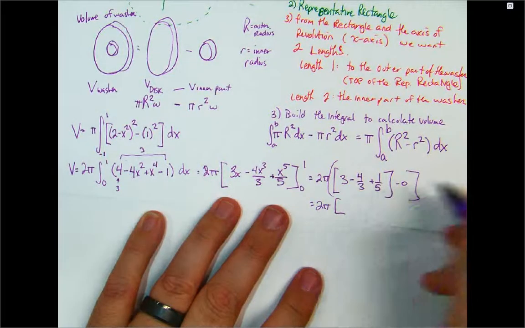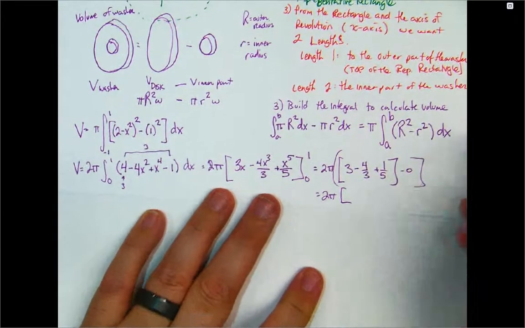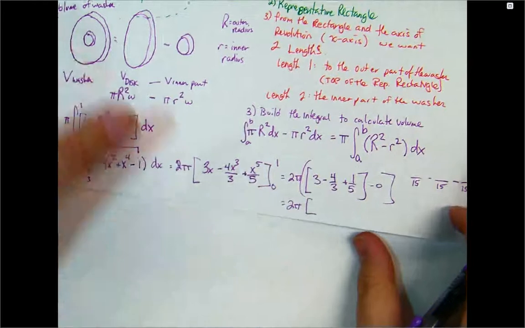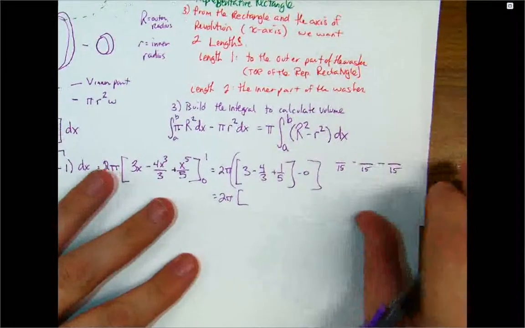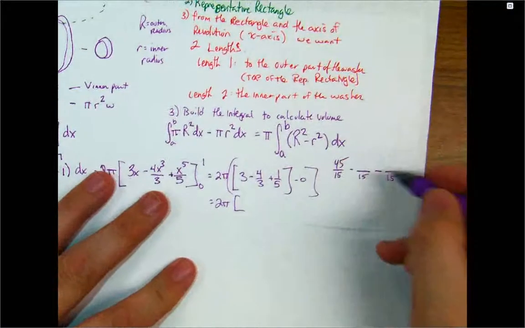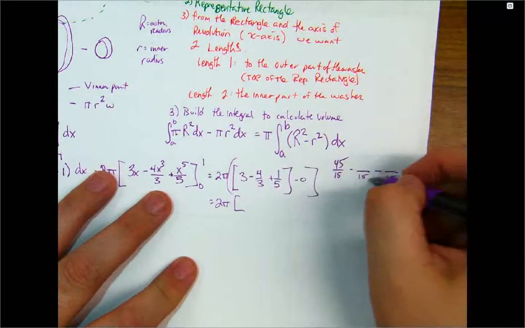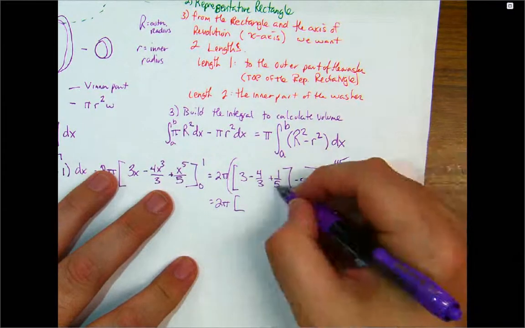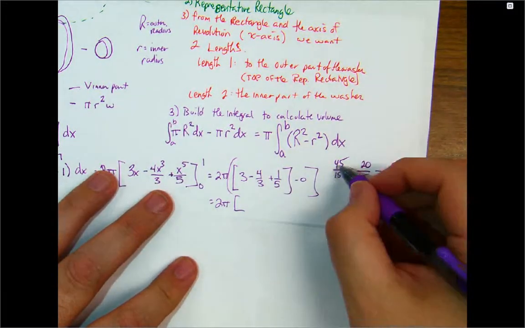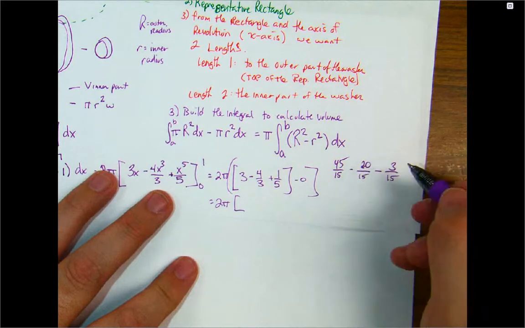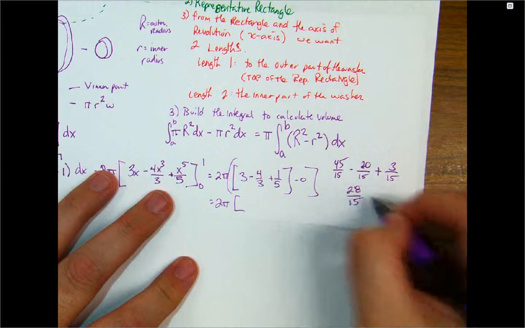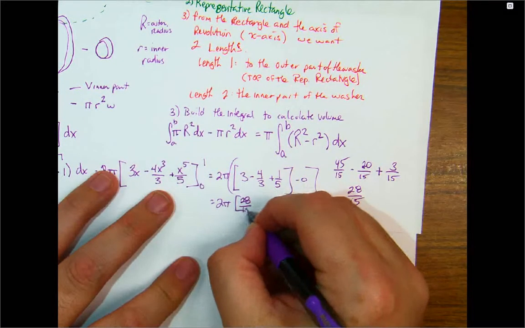So I have 3 15s. Alright, 3 15s is 45, isn't it? 3 goes into 15 5 times, so that's 20. That goes in there 3 times, so that's 3. So 45 minus 20 is 25 plus 3, 28 over 15. So that's 28 over 15. 56 pi over 15 is your answer.